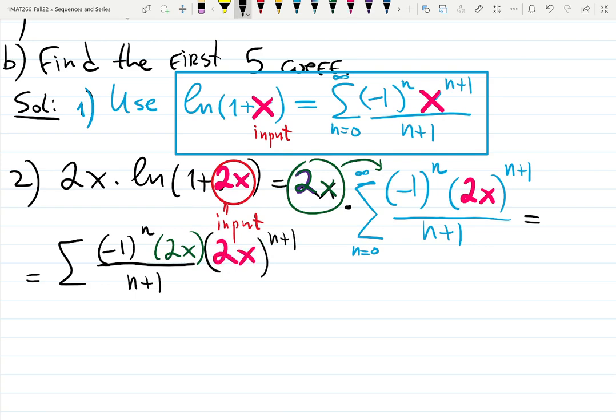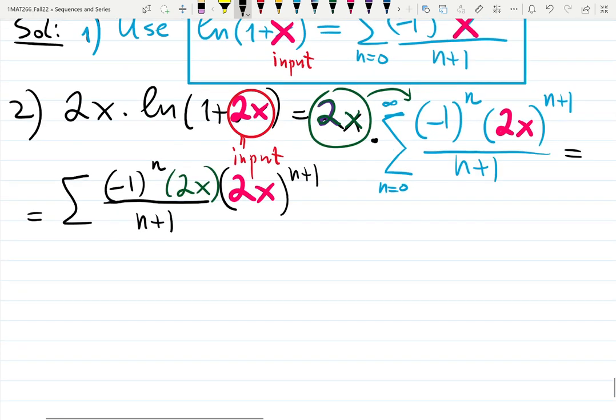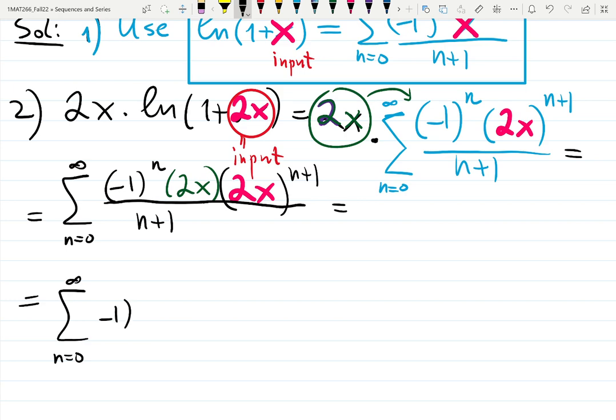Over n plus 1. So now I can write down this. n is from 0 to infinity. It's minus 1 to the n, and then 2x raised to what? n plus 2. Thank you.